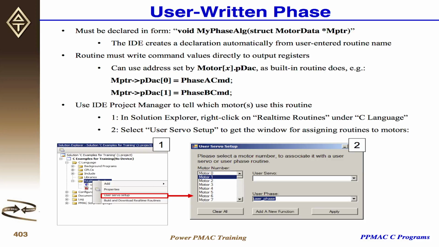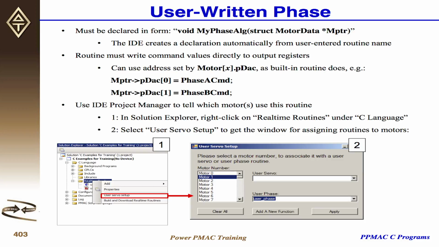Then to associate your user-written phase with the motor, you can right-click the real-time routines folder and click on add user servo setup. And then you pick your user phase.